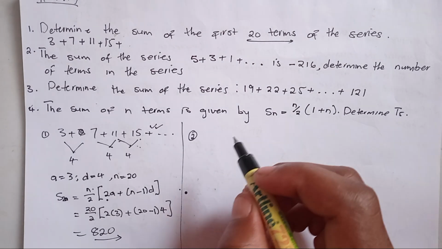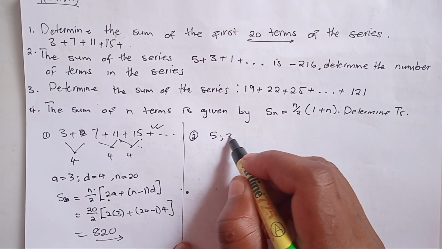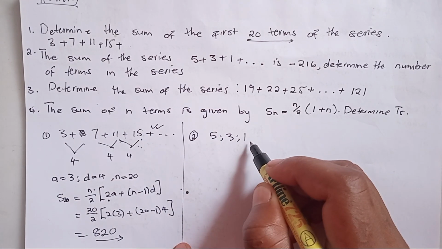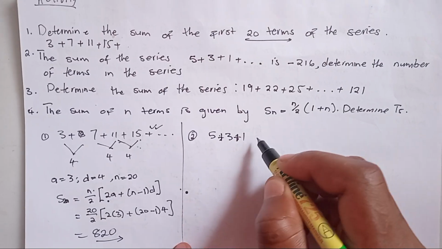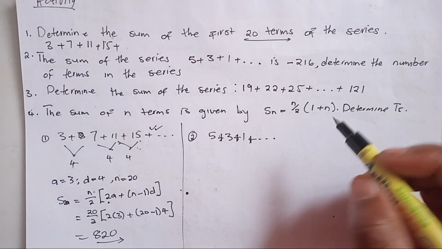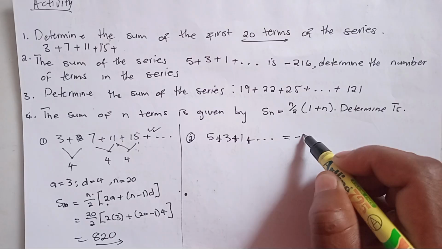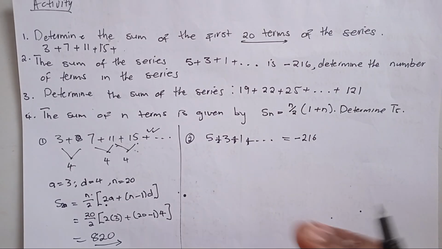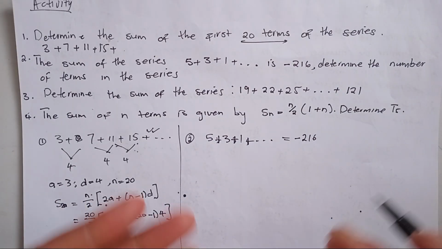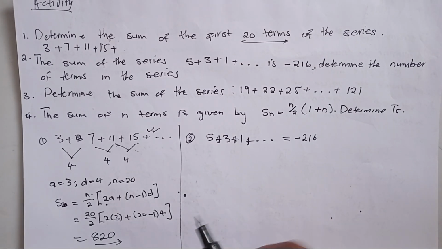So guys, we have a series like 5 plus 3 plus 1 plus, so the whole thing, if you add it up, it gives you minus 216. So we want to know how many terms there are in this series. You don't panic when you have such a question.